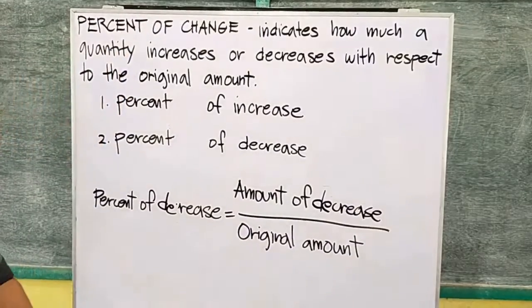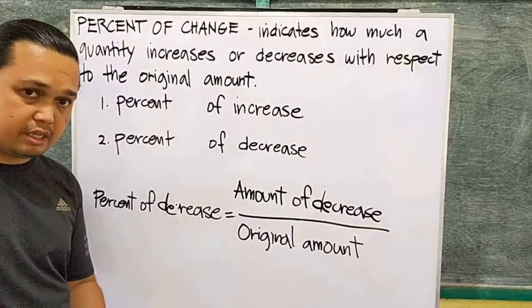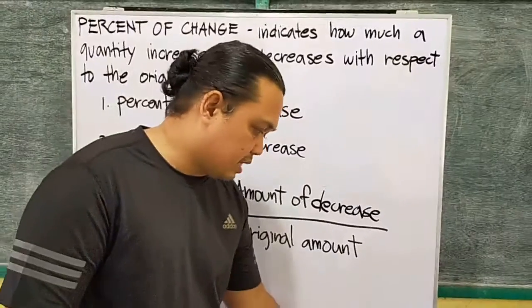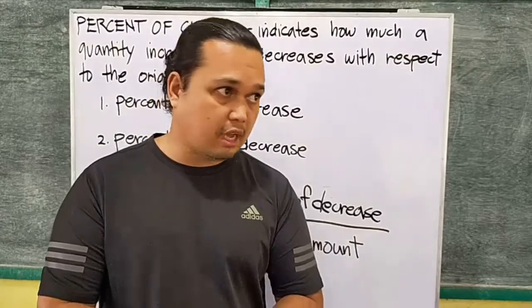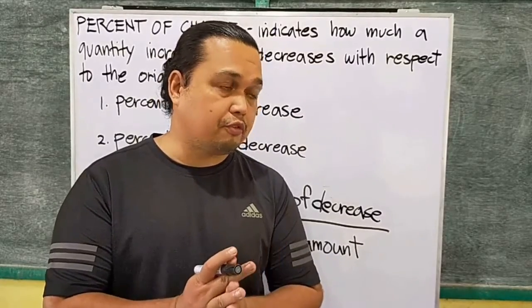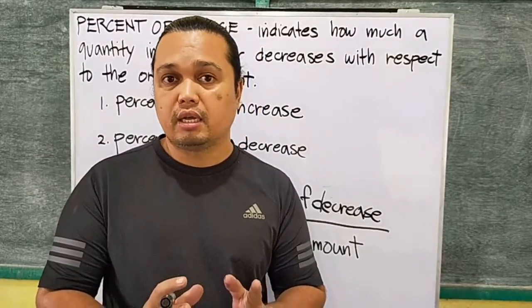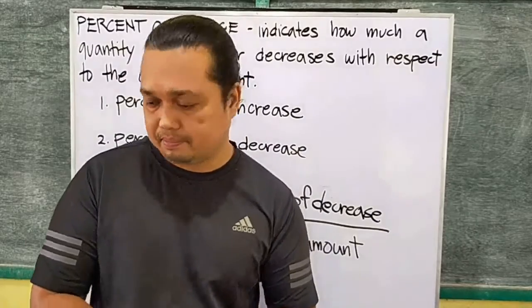It's the same as the increase. Now, I'm going to explain that using an example. Let's just have three examples for this lesson, and we're going to wrap it up.